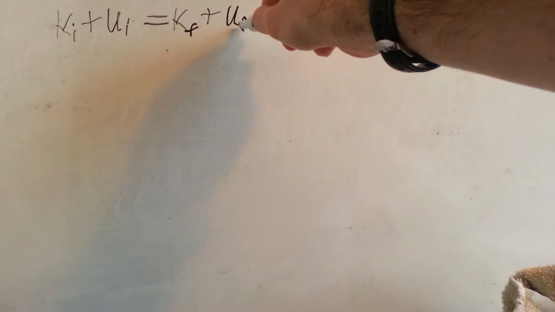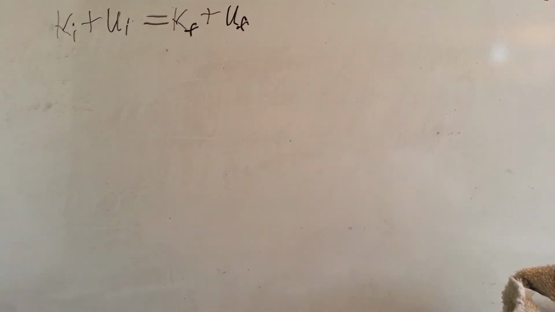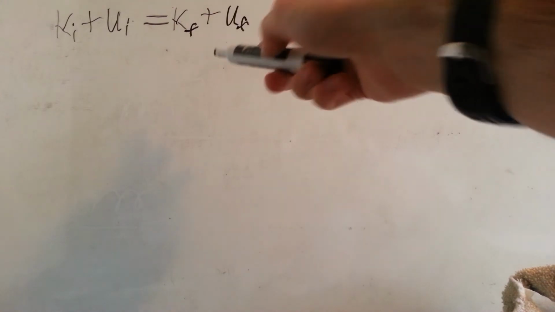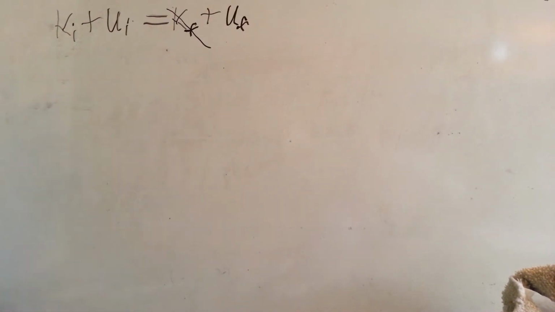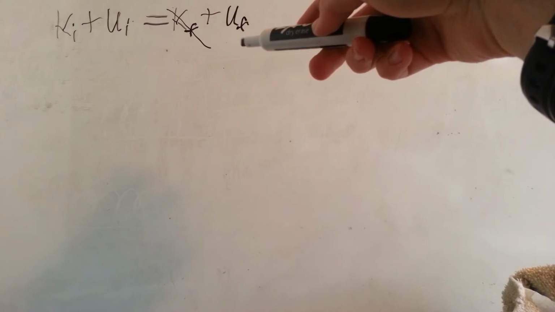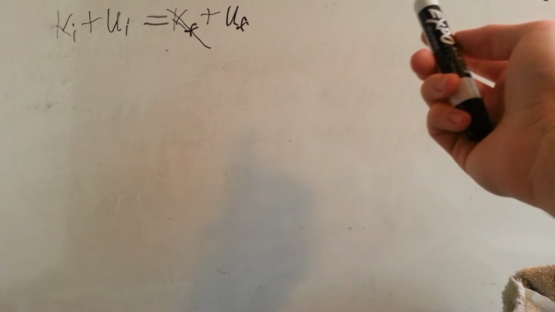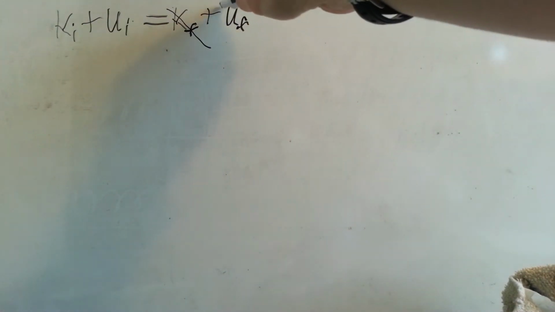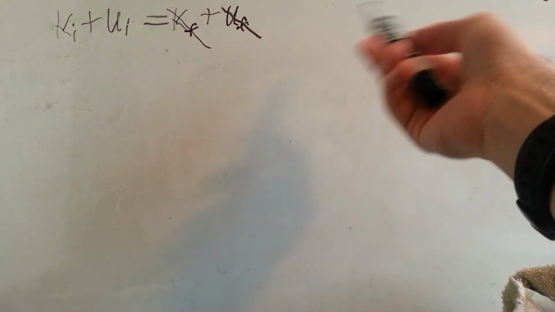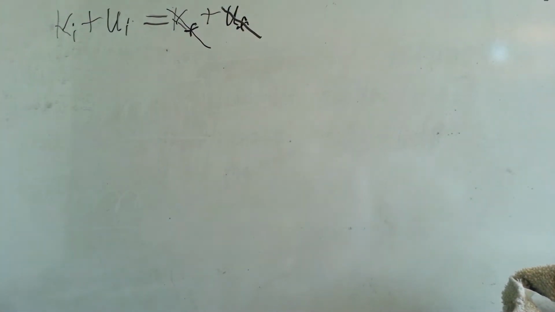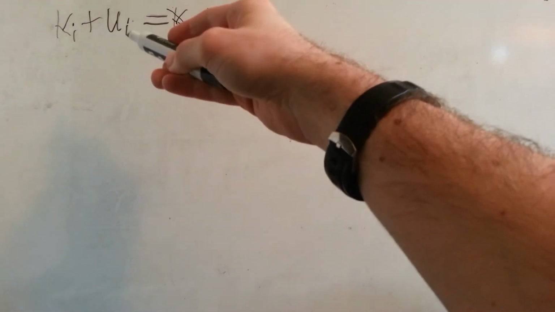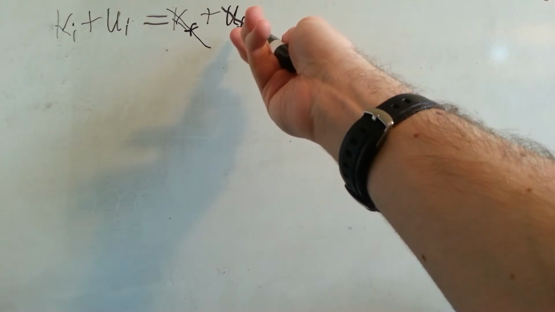And U final. Well, we know it's at rest on a tabletop. So in the end, it has no kinetic energy because it's not moving. And we know it doesn't have any potential energy because it's just sitting on a table, it's not floating in the air. It's also not compressing the spring, so there's no potential energy stored in the spring either. So this side is 0.